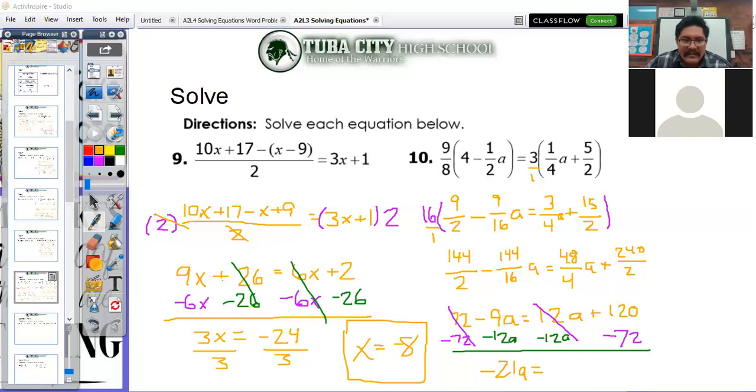I don't want to make any mistakes, so I'm going to play it safe. 120 minus 72. Okay, 48. So I get 48 here. And this doesn't look like it's going to divide nicely, so let's just say a equals negative 48 divided by 21. All right, like I said, that one was a bit of a tough one. I wouldn't be too worried about that one. At least you got it here, so don't worry about it.